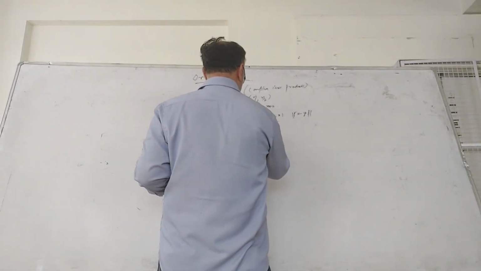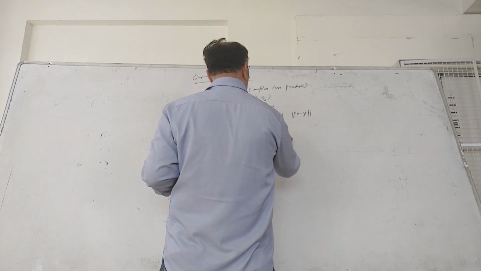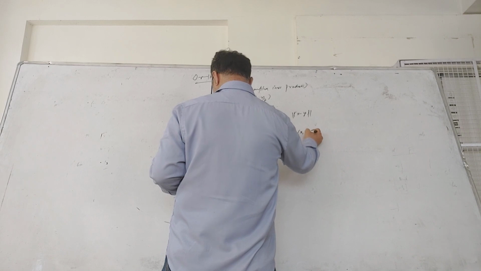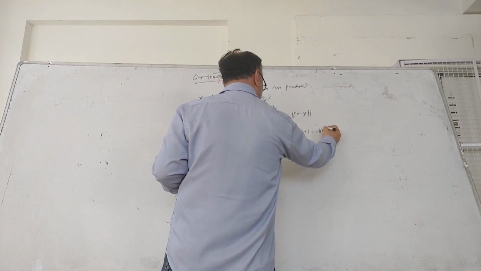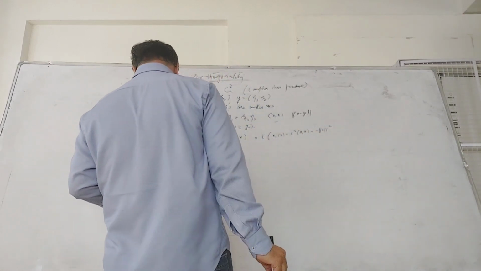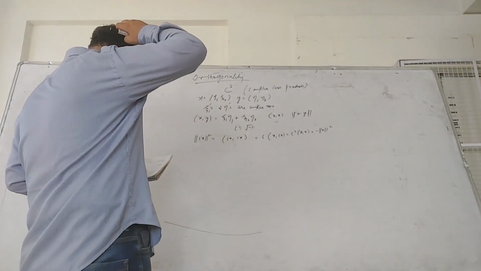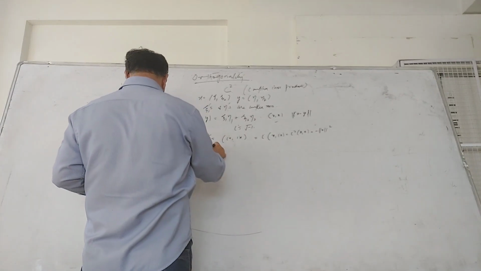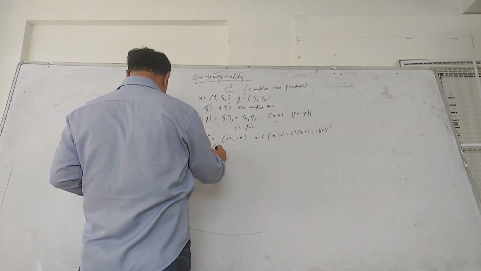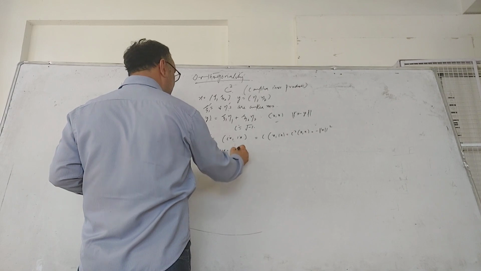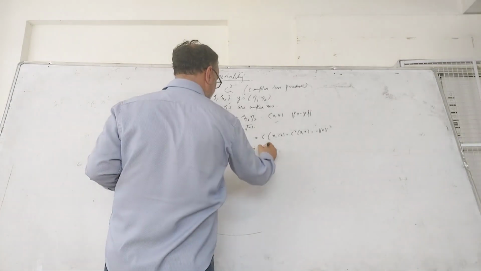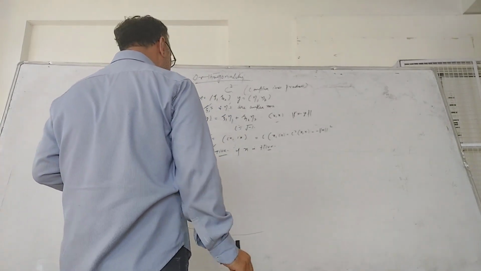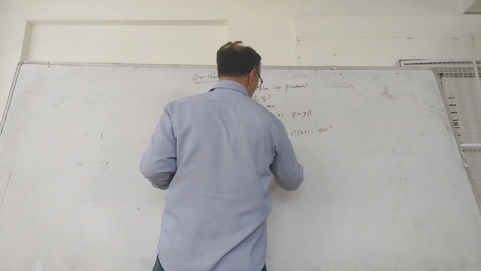Or further, we can write it as iota square x equal to minus iota square. From this, what can we see? We see that this is positive if x is positive.